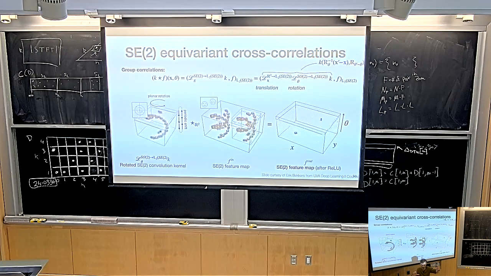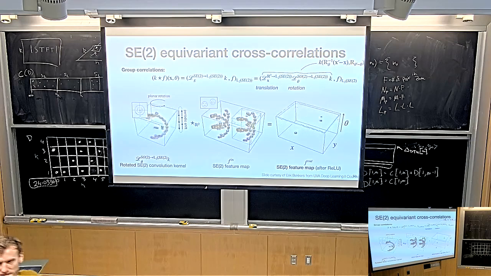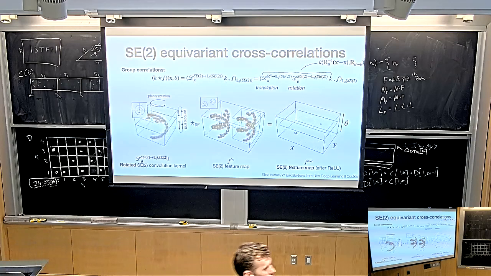In the feature map, in the output of the convolution, you would expect two peaks, which is exactly where the kernel matches the smiley twice, right? And now we expect almost the same thing. It's just that now we also have this rotation dimension. So we also expect two peaks, but at exactly these two spots here: one peak at the smiley with this rotation here, and one peak at the smiley with this rotation here. Does that make sense? Questions? Okay, good.